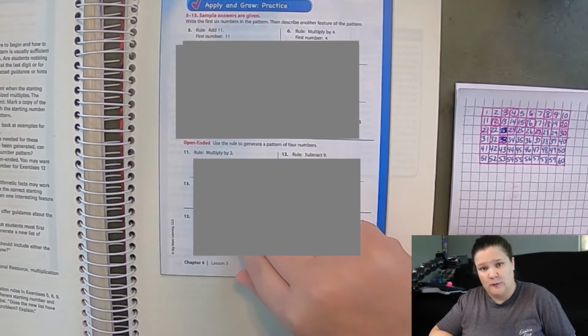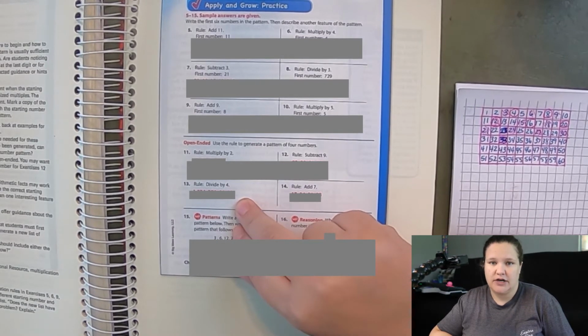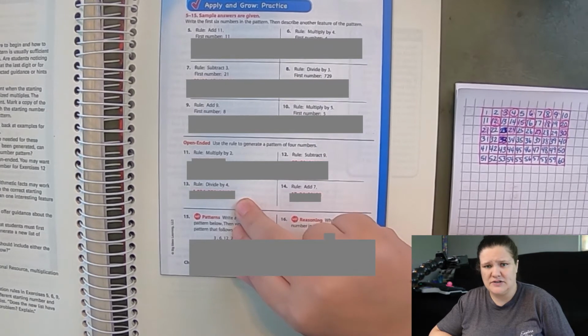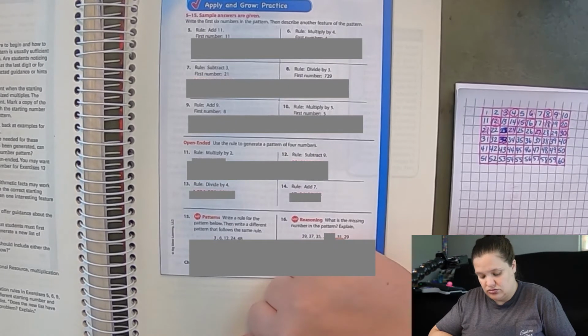Same with dividing by 4. If you start with 4 or 12 and you need 4 numbers, you're not gonna have enough. You're gonna go into the negatives or into fractions. So start with a big enough number that you can get all 4 numbers.